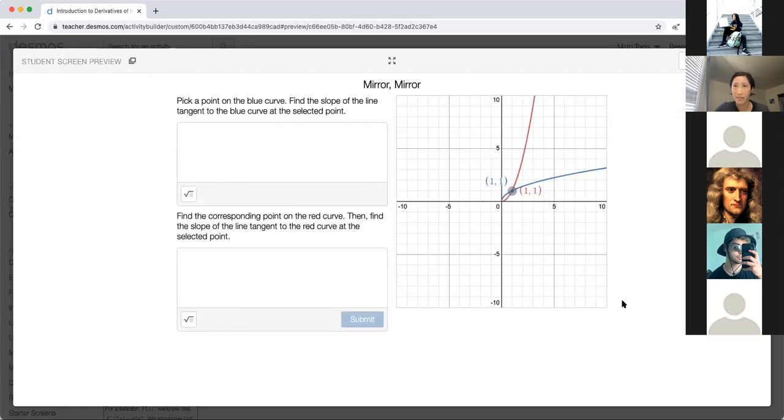Let's take a look at another example. Okay. And this one is a little bit different, but also has the same structure, right? So play around with this a little bit and tell me what your ideas are on how we can find slope here, okay?